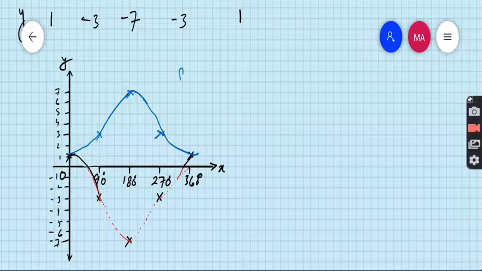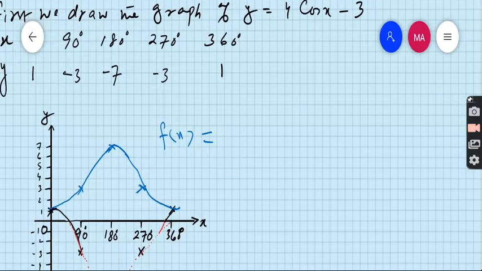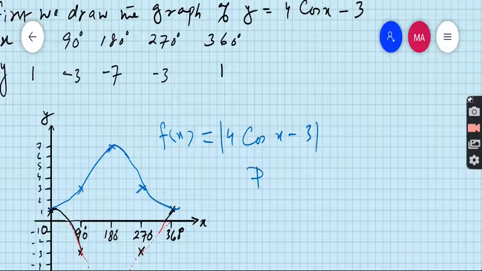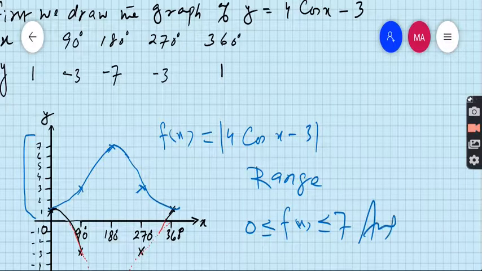This is the graph of f(x) equals the absolute value of 4 cos x minus 3. And clearly the range is from 0 to 7. This is our final answer.